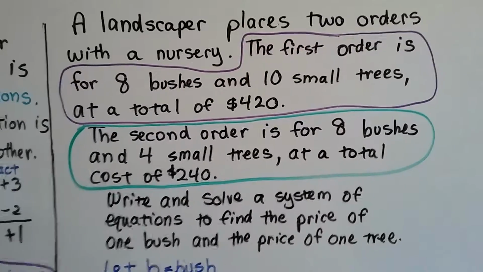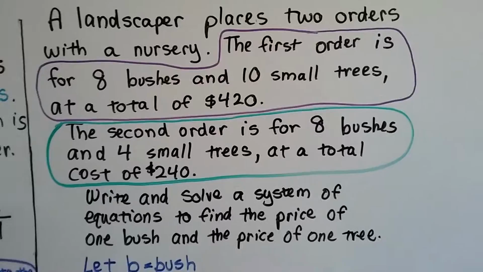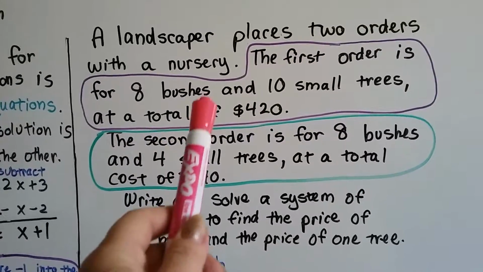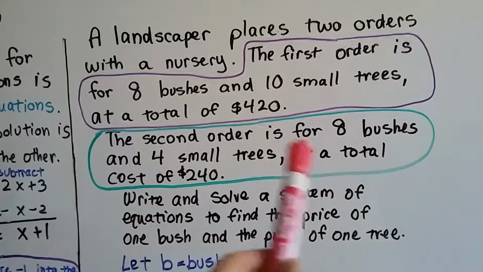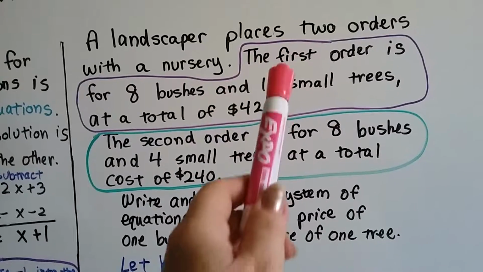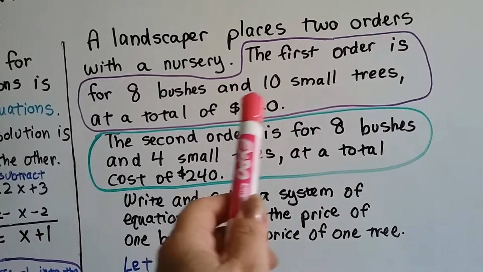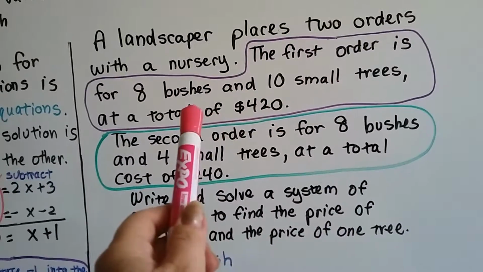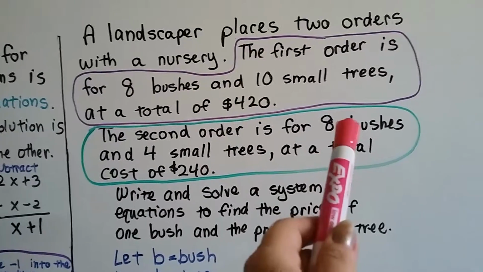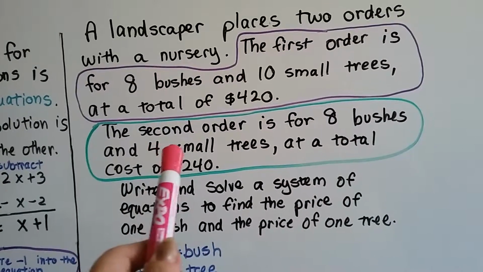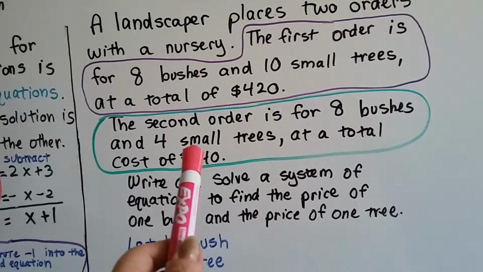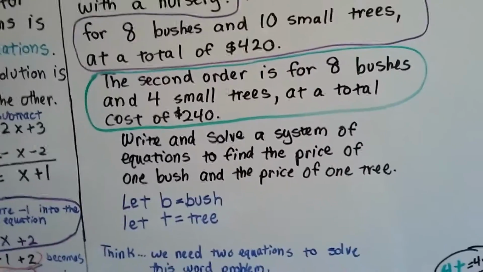So you can actually see the equations in the word problem. This is the first equation. This is the second equation. 8 bushes plus 10 trees equals $420. 8 bushes plus 4 small trees equals $240. And those are our two equations.